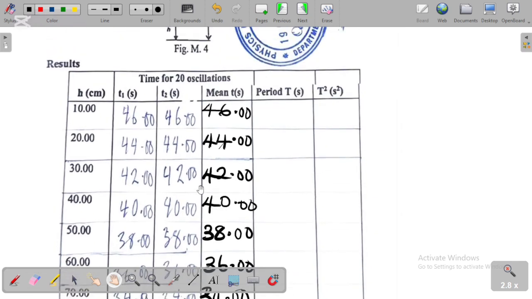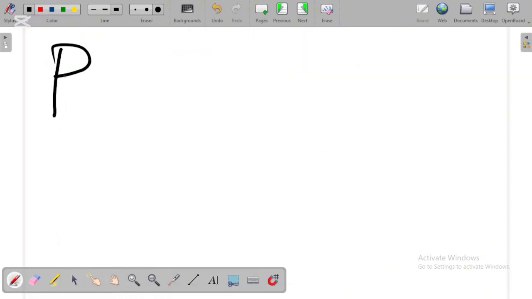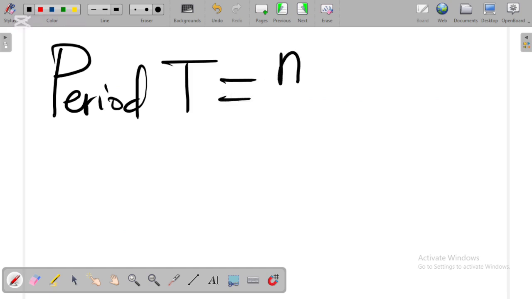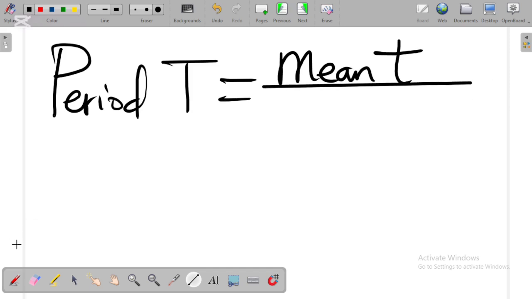Alright, our next task is to find the period t. So how do we find the period t? Alright, so period t is equal to mean t divided by number of complete oscillations.